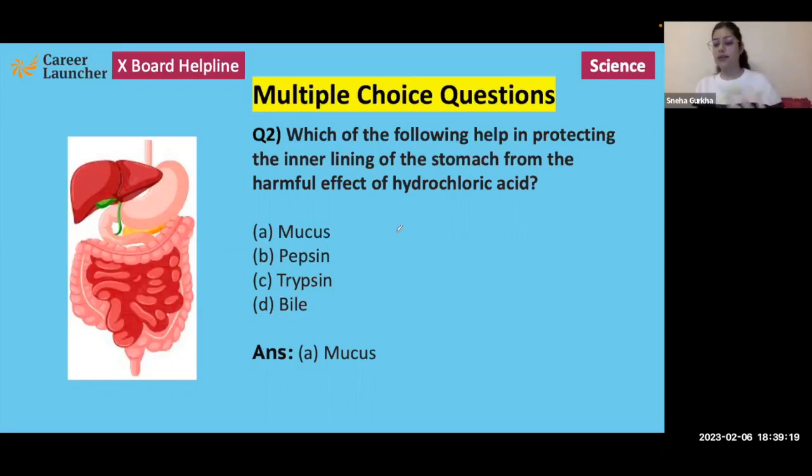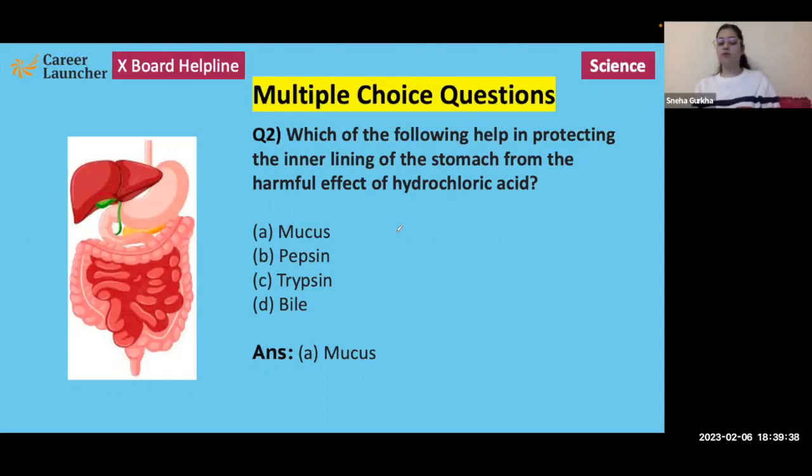There are chances that some germs might enter the body. So the first role that hydrochloric acid plays is killing those microorganisms that might have entered the body with food.